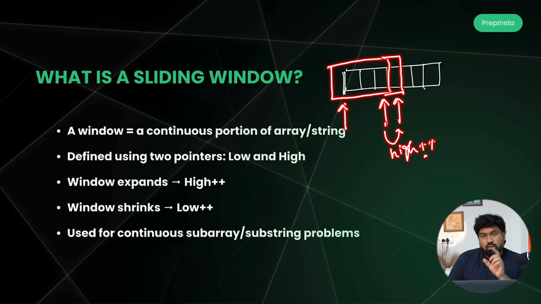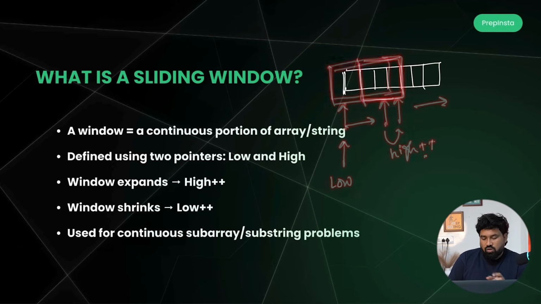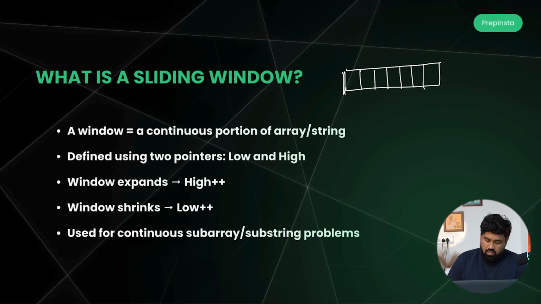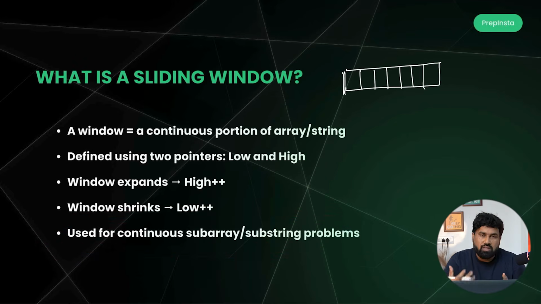If I want to reduce from a width of 4 elements to 2 elements, then I have to move the low towards the higher values. So to expand, the high value must be increased. To shrink the window, the low value must be increased. This is used more in continuous subarray and substring problems, and I will explain when we use this more in the upcoming slides.